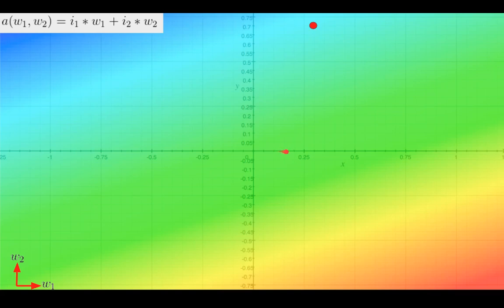So with W1 increasing, the activation increases, and as W2 decreases, activation increases. If you remember, I2 was negative, so that's why these are the high values over here, and these are the lower values over here. So it's a plane increasing and decreasing in this direction. And our current weight values are here, 0.3 and 0.7, and our output activation is -2.35. So we want that to go up, right?